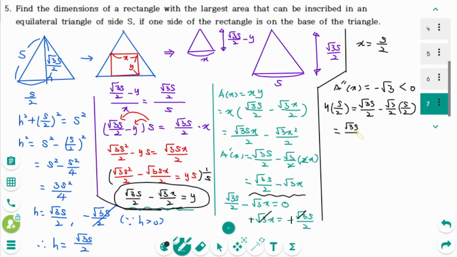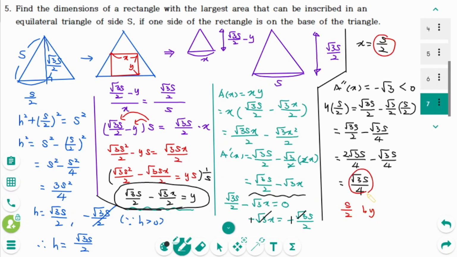Then square root of 3 s over 2 minus square root of 3 s over 4. Then 2 square root of 3 s over 4 minus square root of 3 s over 4. The final answer is square root of 3 s over 4. So the dimensions are s over 2 by square root of 3 s over 4.